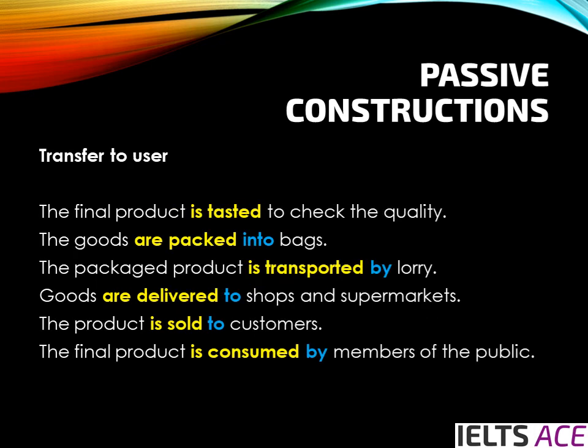Once the processes have been done to this particular thing, then it needs to be prepared for the user. So the final product is tasted to check the quality. So of course if it's food, this is something that they might do. The goods are packed into bags.